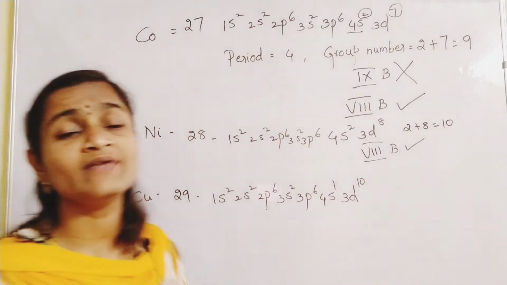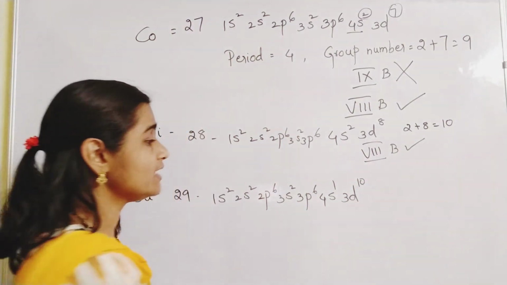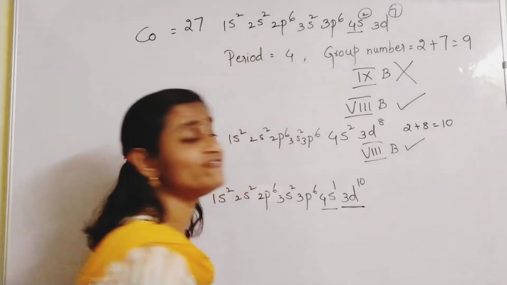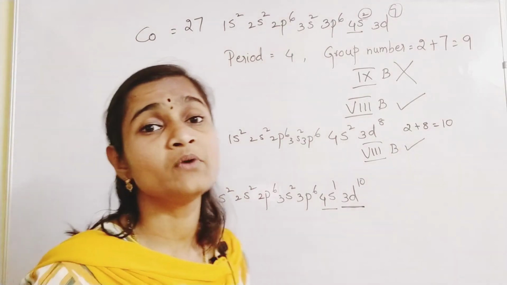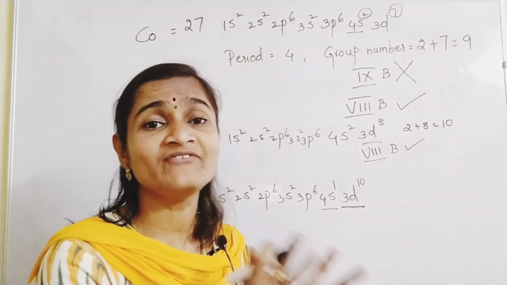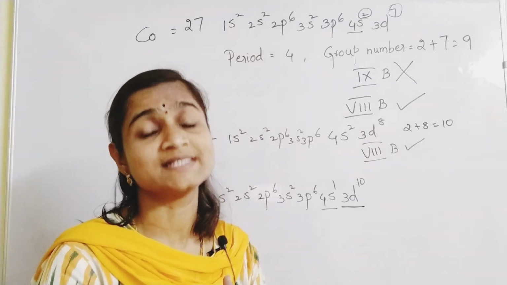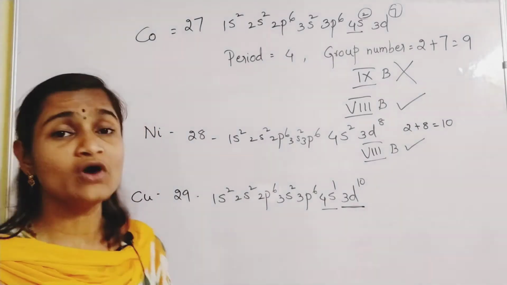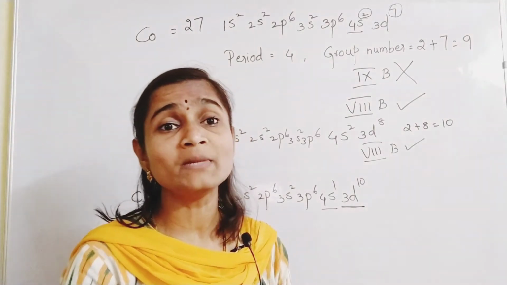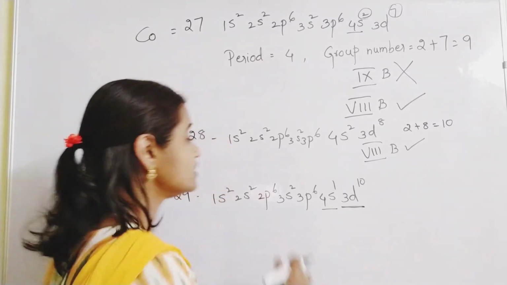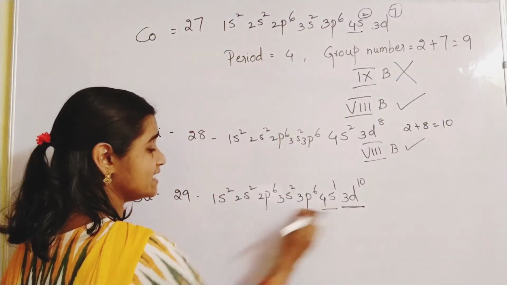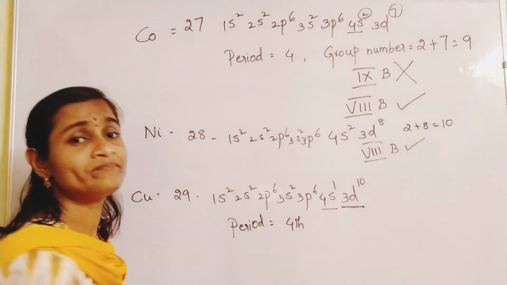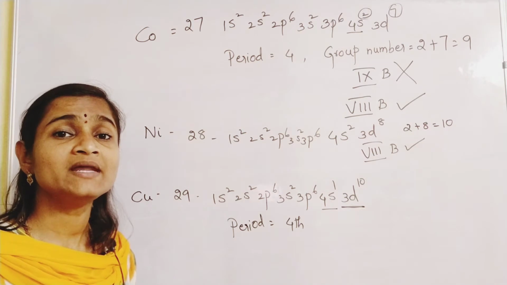This is the speciality of copper. Here the s orbital is half filled and the d orbital is completely filled. Please remember that half filled and completely filled subshells are highly stable. This kind of configuration is called anomalous electronic configuration. So for copper, the period number is 4th period.